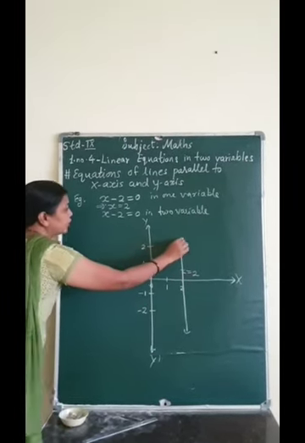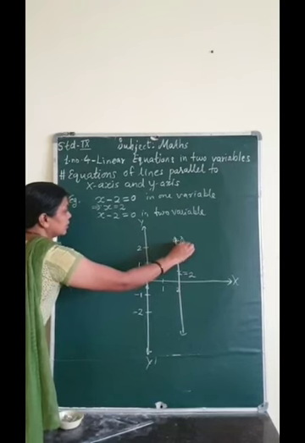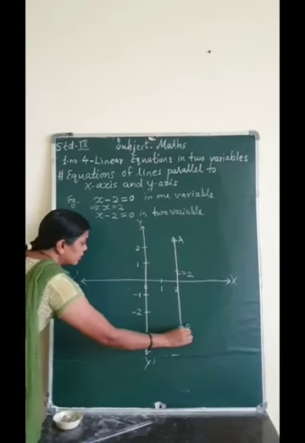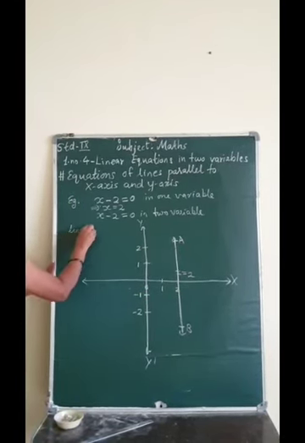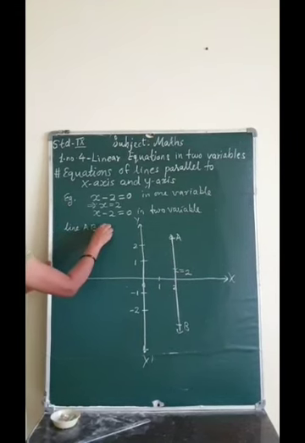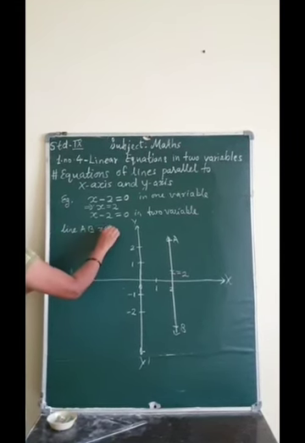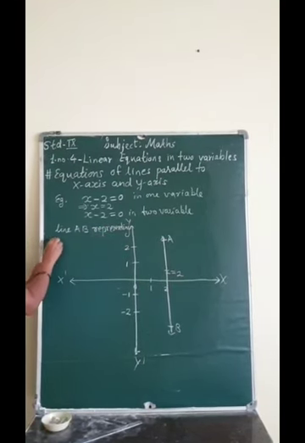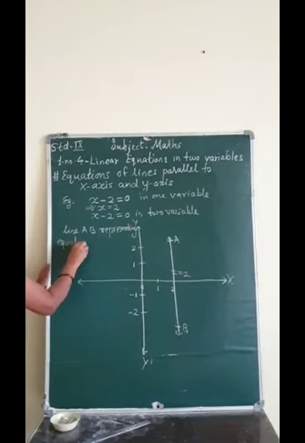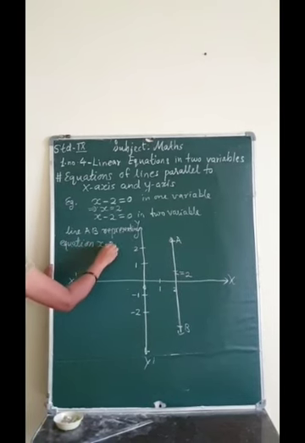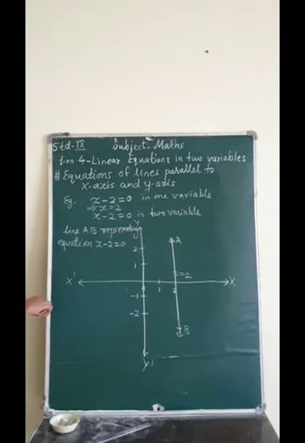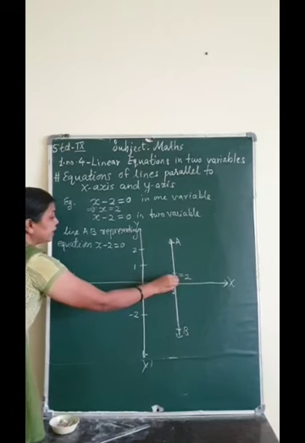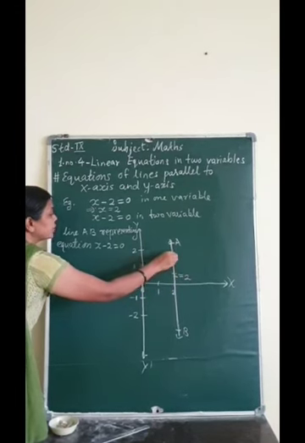Each and every point on this line, name it as AB. So line AB is representing the equation x minus 2 is equal to 0, and each and every point is a solution for this equation.